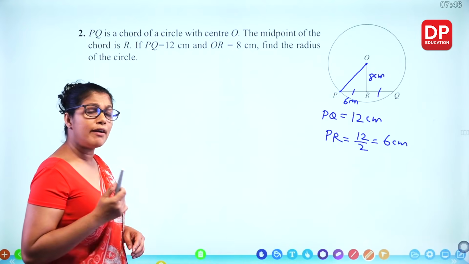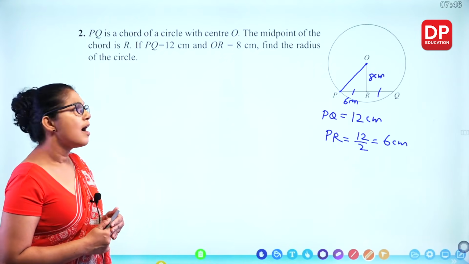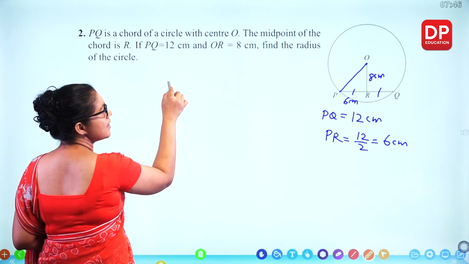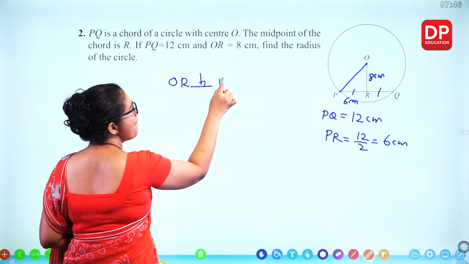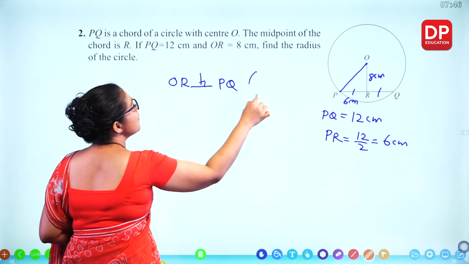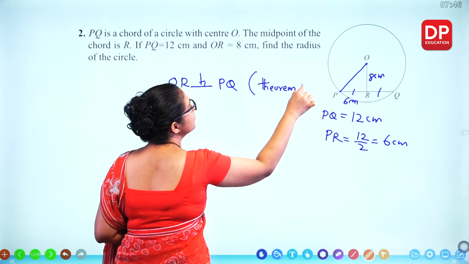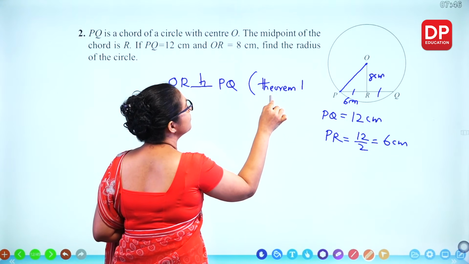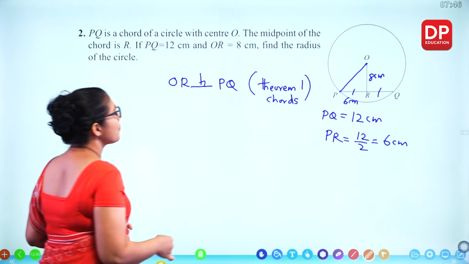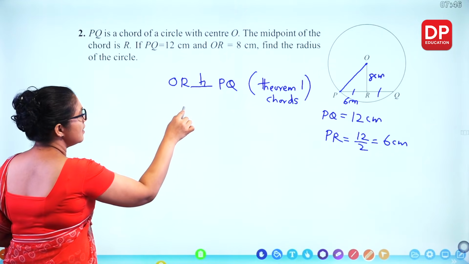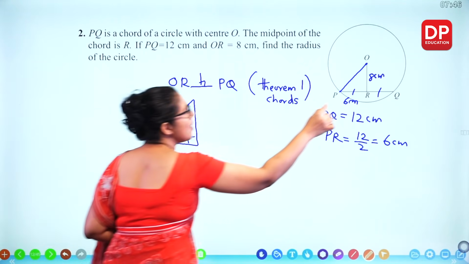And also according to theorem number 1, PQ and OR are perpendicular to each other. So here OR is perpendicular to PQ. That's theorem number 1 about chords. So here we know that this is a right angle triangle now.